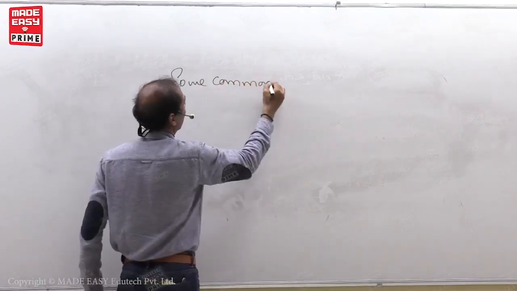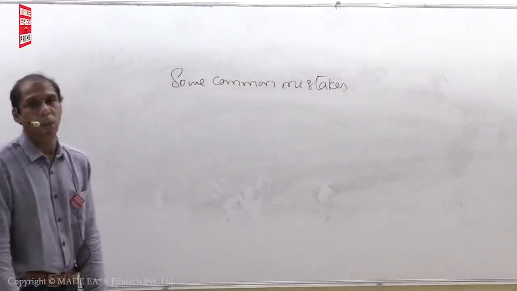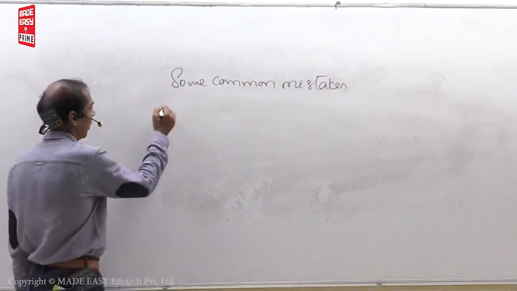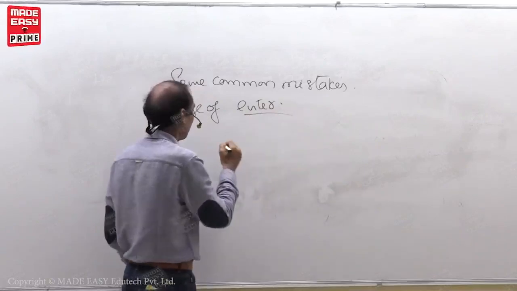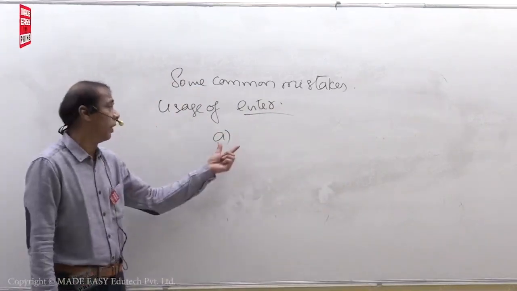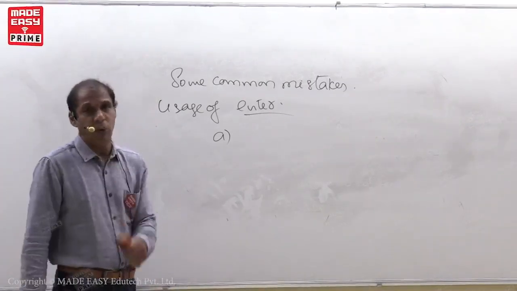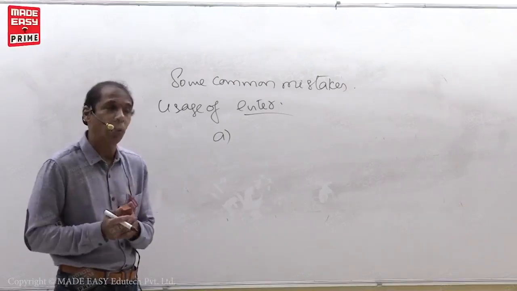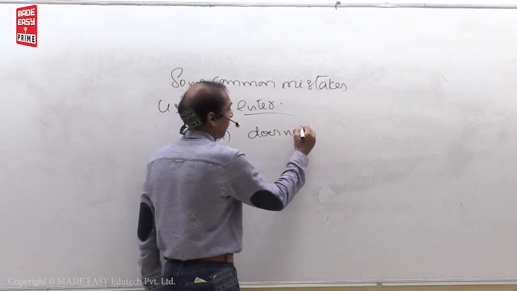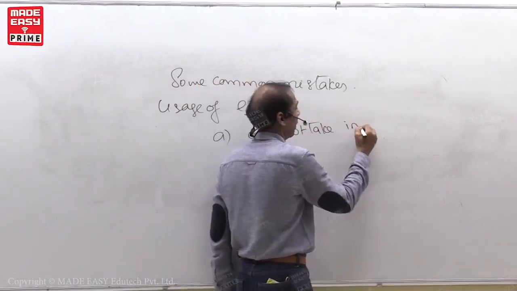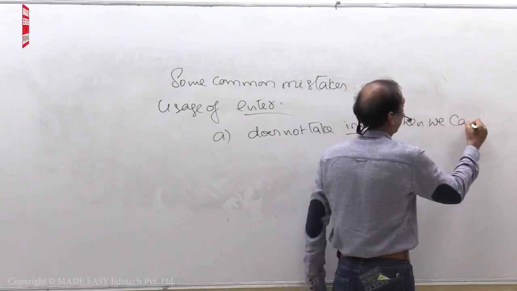Some common mistakes. First, see, usage of enter. I'll explain a new point here. Usage of enter. Everyone knows only one point: the word enter does not take into. No, sometimes it takes. For example, A: does not take into, write in brackets, when we can see.